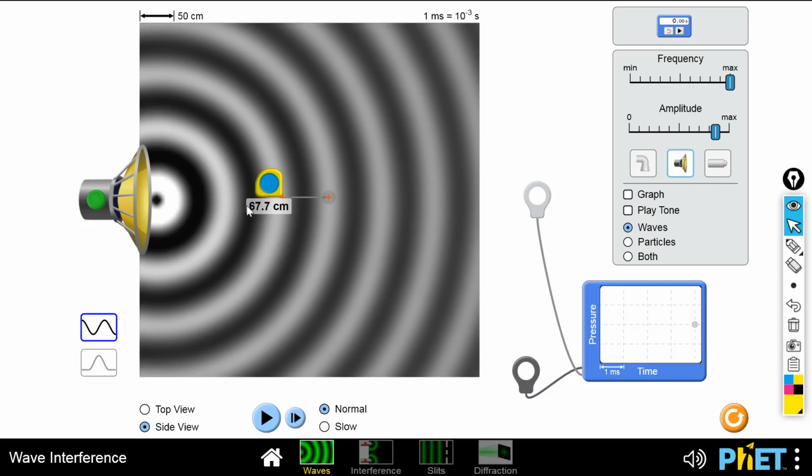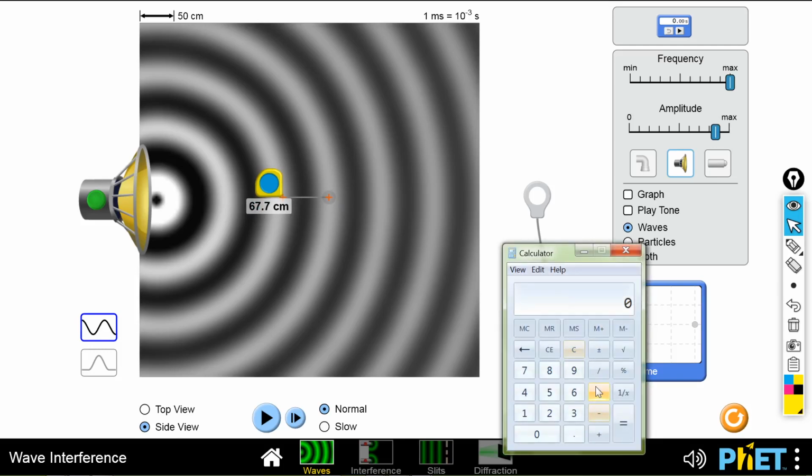Which, if we bring up our calculator, 67.7 centimeters divided by 2.54 centimeters per inch, and we're going to get 26 inches. Now that's only up for 2 kilohertz, but that's the typical range of a muzzle blast, from a few hundred to 2,000 or less.